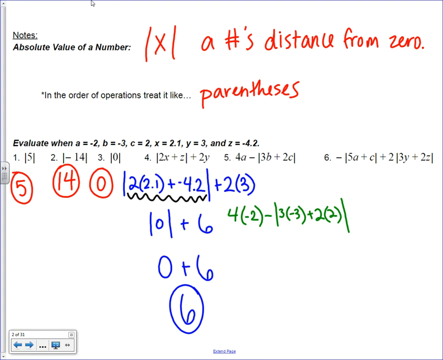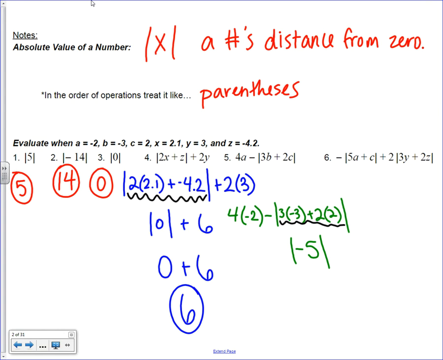Ladies and gentlemen, is there something to do inside of those bars? So pick up your calculator and type in what's on the inside. He says -5. -5. So I'm going to rewrite everything, putting that -5 in the bars.